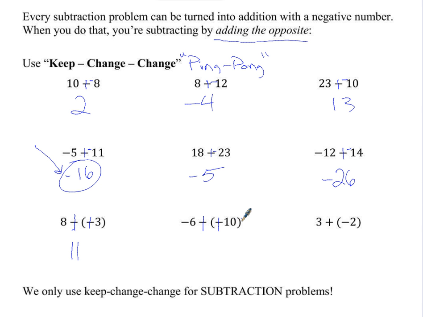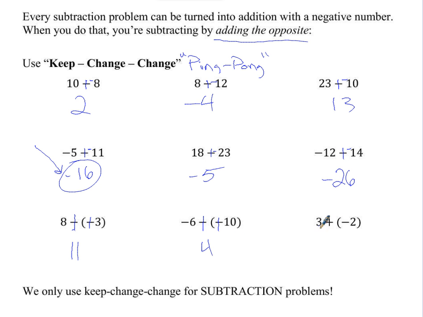So those are opposite signs, which means we are going to take the bigger number and subtract the smaller number. 10 is the bigger number, so 10 minus 6 is 4. And then we're going to keep the sign of the bigger number, which is 10. So our answer is positive 4. If you follow keep, change, every time, it won't mess you up. A problem like that won't be that bad.